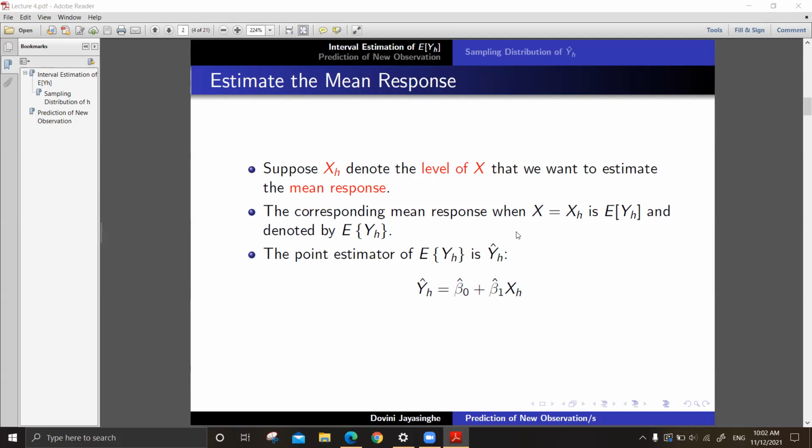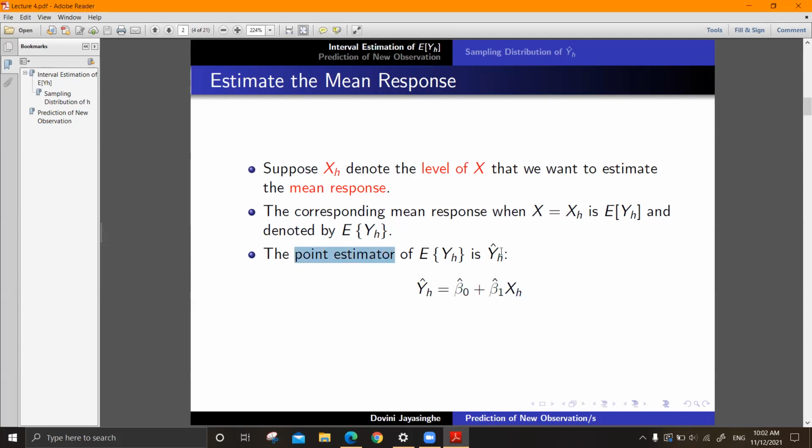So it is given by a function of observable random variables. So same idea here, the point estimator means what? We are giving an estimate, a point, a value for this particular quantity, which is denoted by this. And it is equal to this one.